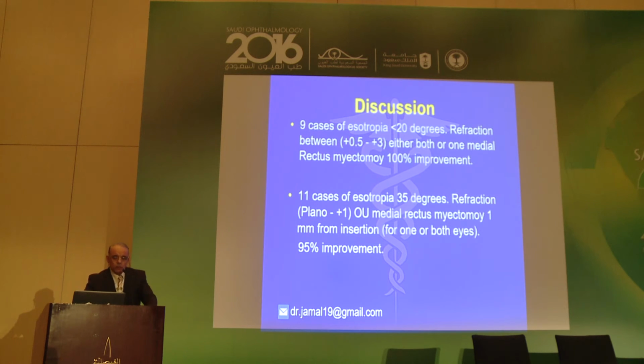9 cases of esotropia less than 20 degrees, refraction less than +3, either both or one medial rectus myectomy. It depends on the case and evaluation of the case, the corneal reflex, bicorneal light reflex.